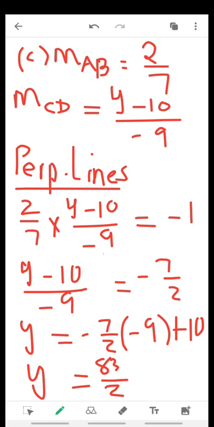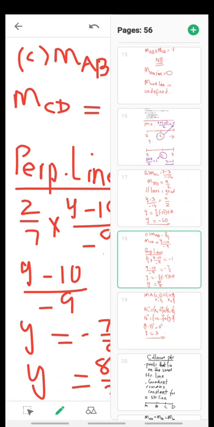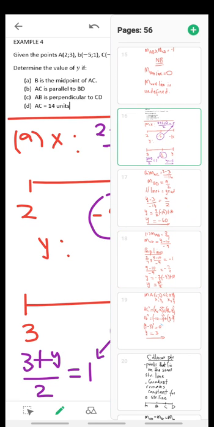Then I was left with (y minus 10) over minus 9 equals minus 7 over 2, since minus 1 divided by 2 over 7 gave me minus 7 over 2. Then I cross multiplied: minus 7 over 2 times the minus 9, plus the 10. That was my answer. y was equal to 83 over 2. Good. Now, let us go to the next question.